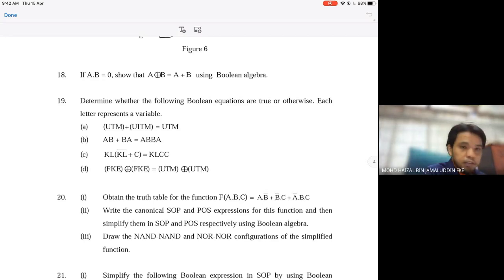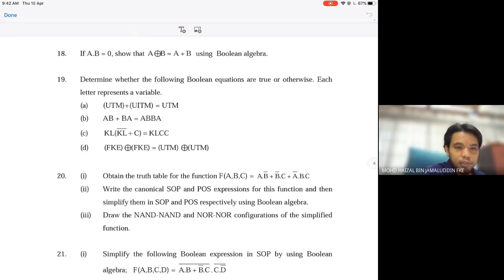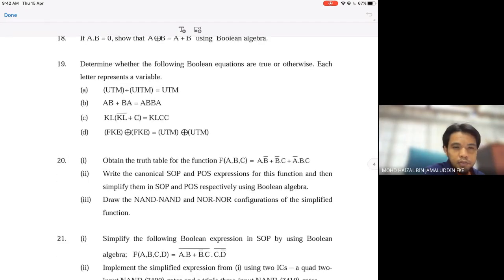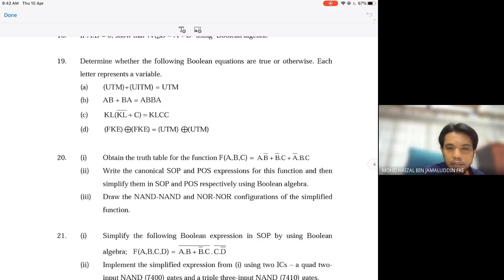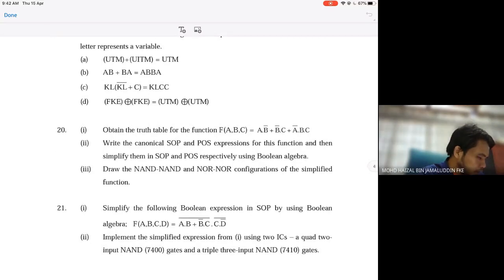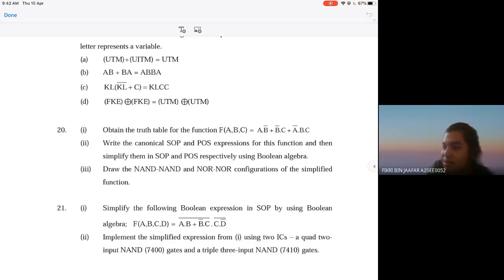Okay, 18 is just an equation, 19 is an equation, 20. Get the truth table, write the SOP and POS standard forms, and then you do. Yes? Sir, what is canonical?